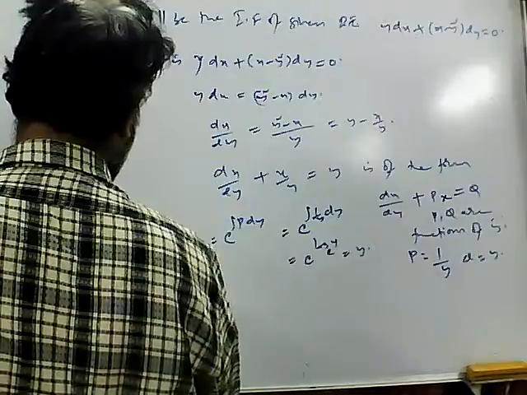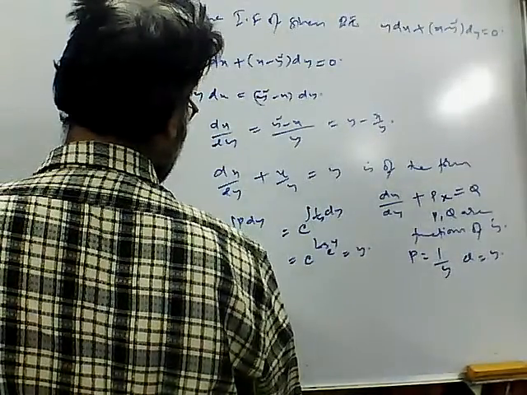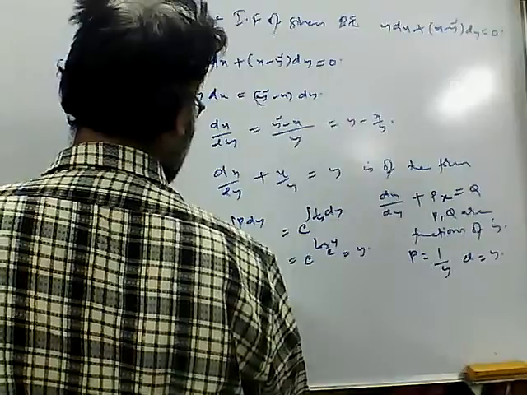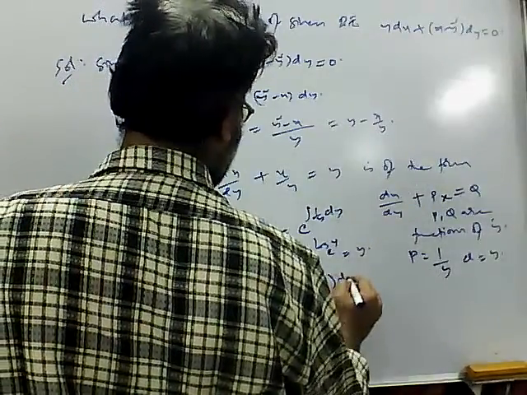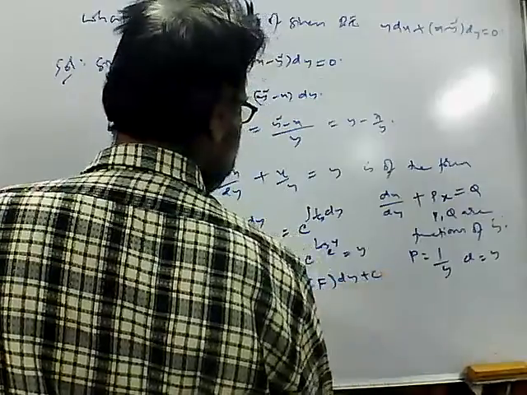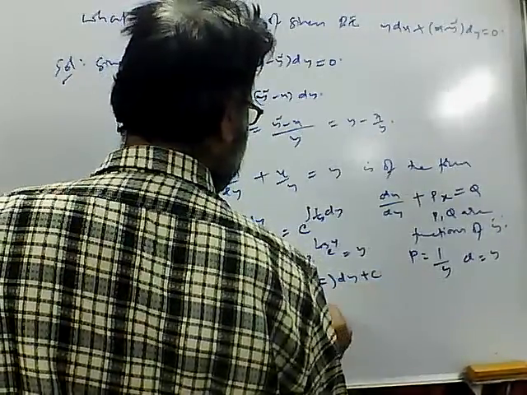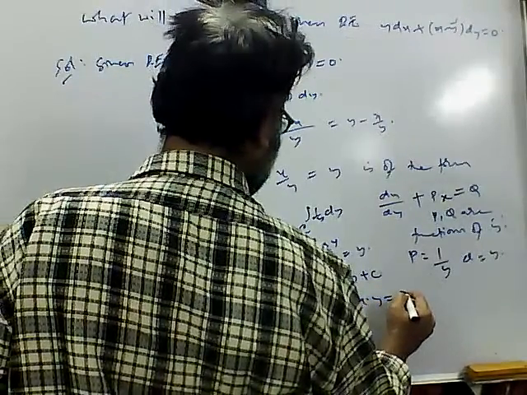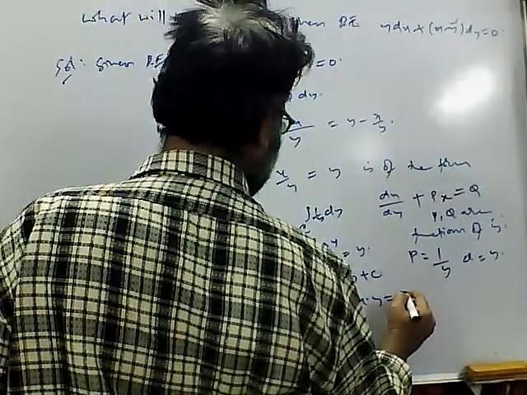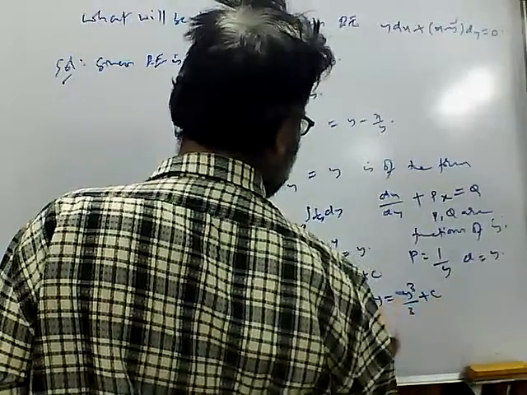The general solution is x into IF is equal to integral q into IF dy plus c. So x into y is equal to integral y into y dy, which gives xy is equal to y cube by 3 plus c.